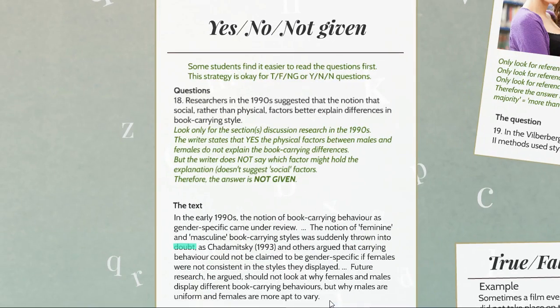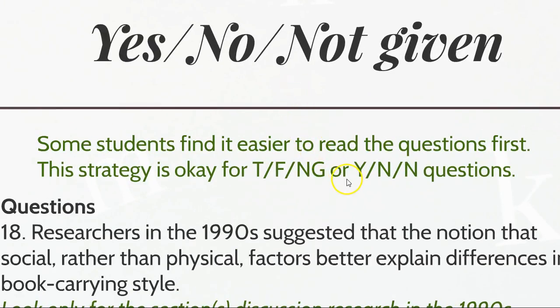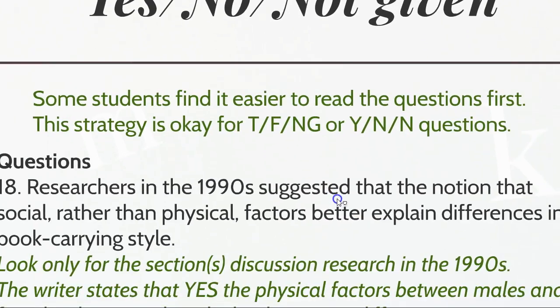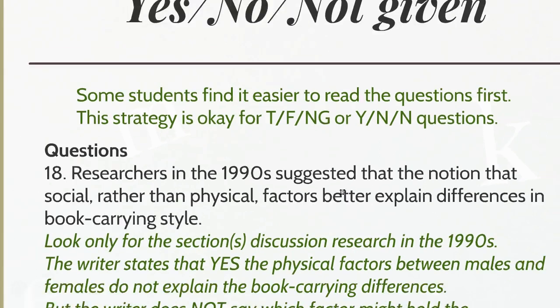Here is another not given example. I also want to point out, for true, false, not given, or yes, no, not given, it's often easier to read the questions first. Here is the question. Researchers in the 1990s suggested that the notion that social rather than physical factors better explain differences in book carrying style.